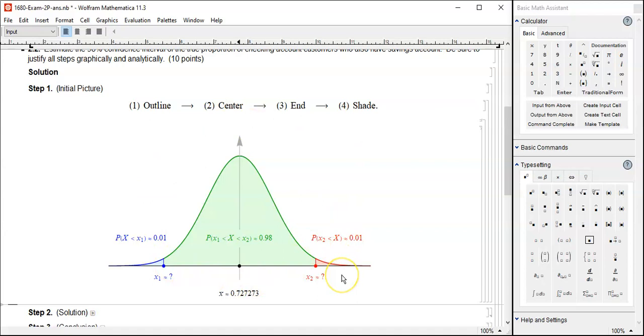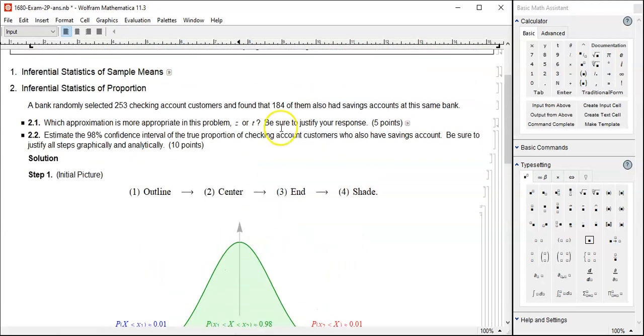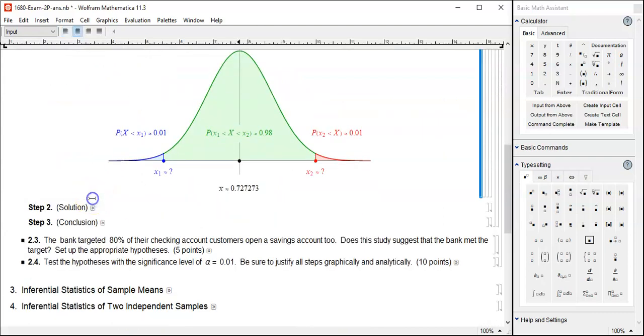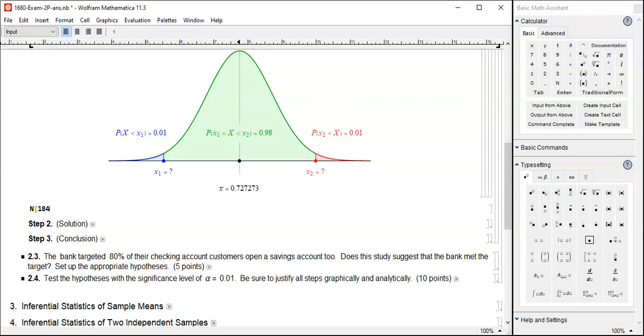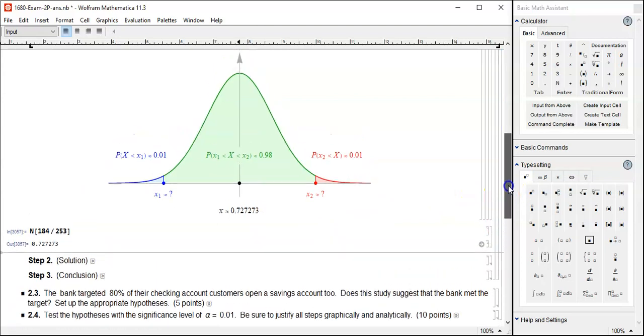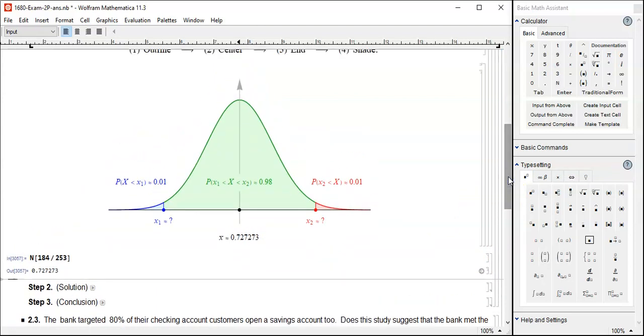So here's a picture. Oh, by the way, I should have asked you the center. What is the observed proportion? 184 out of 253, and that is 0.7273, so 72.73% or approximately 73%.